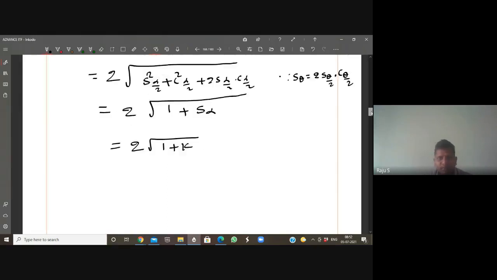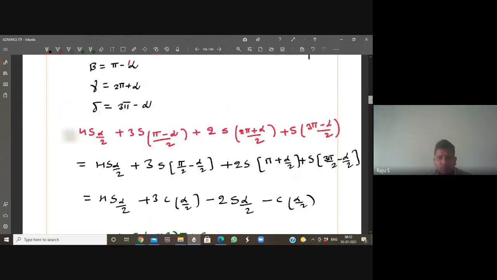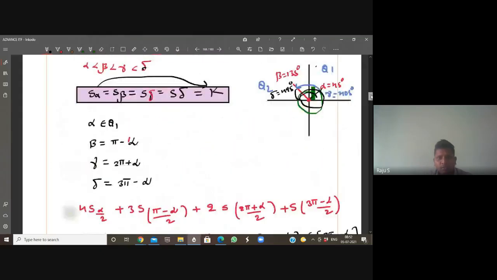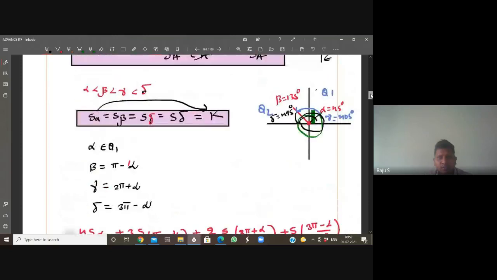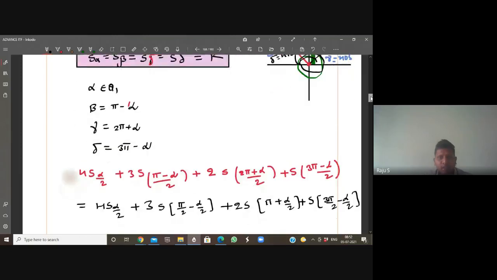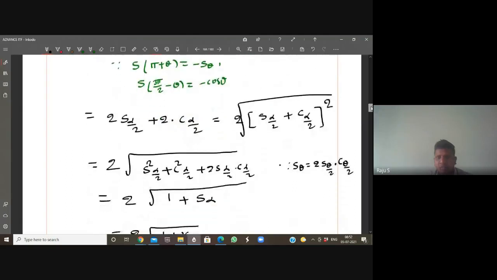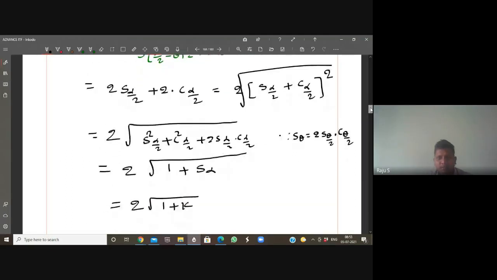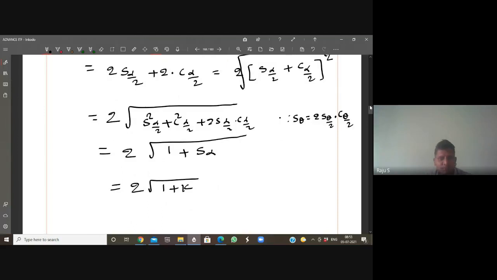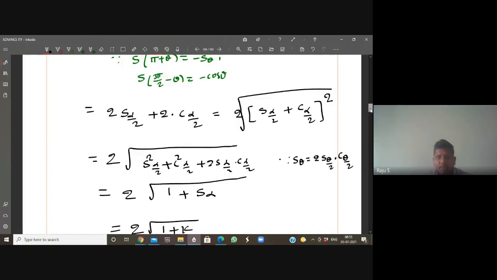Second one is simple. According to the given condition, they are given in ascending order. I have taken the angles, substituted and simplified. Here you should remember sine 180 plus theta, 180 minus theta, 270 plus theta, 270 minus theta.